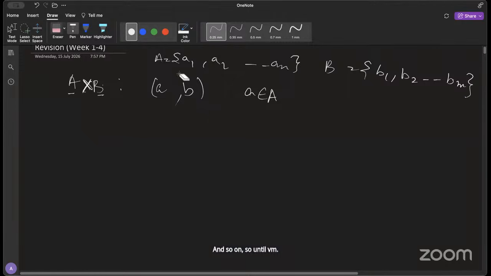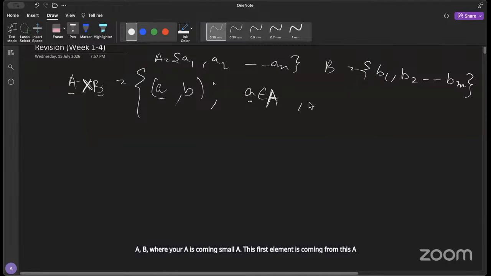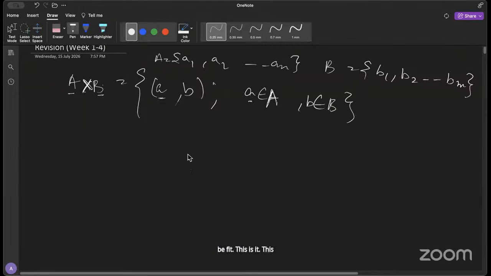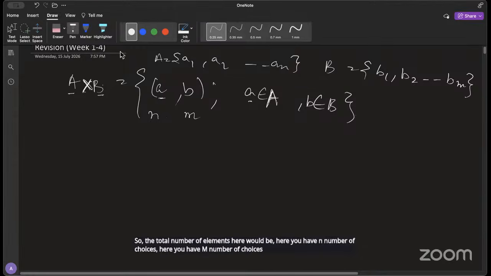Your A cross B is the collection of all the elements of type (a, b), where the first element is coming from the set A, and the second element of this tuple is coming from the set B. This is your Cartesian product. So the total number of elements here would be, here you have n choices, here you have m choices. So the total number of elements will be n into m.